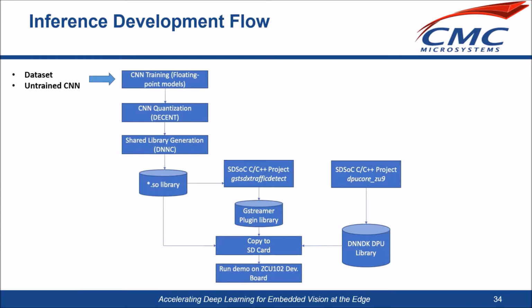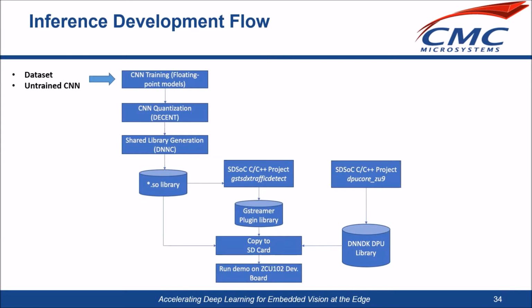Once the network has been trained, the CNN is quantized from floating point to 8-bit integer using the DNNDK's DECENT tool. The resulting fixed point model is compiled into a shared library using another tool from DNNDK called DNNC, or the DNNC compiler.